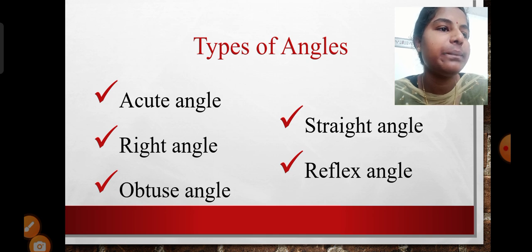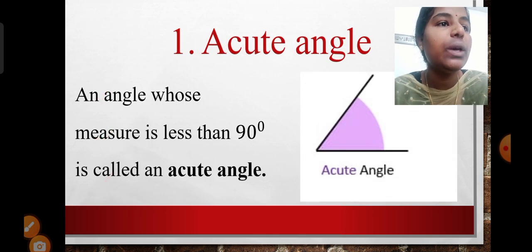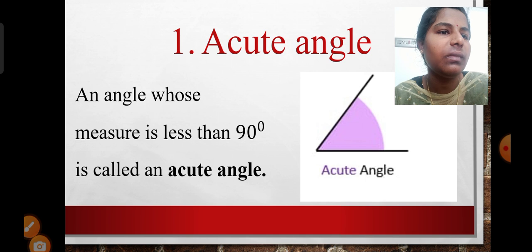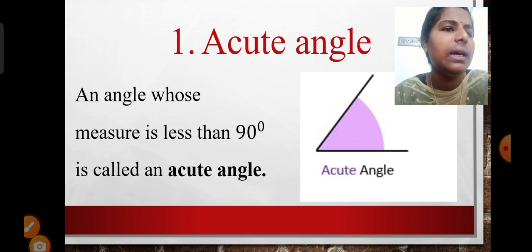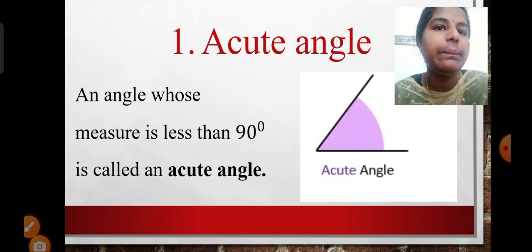Okay, the first one is the acute angle. See the picture, that is an acute angle. So what is an acute angle? An angle whose measure is less than 90 degrees is called an acute angle.